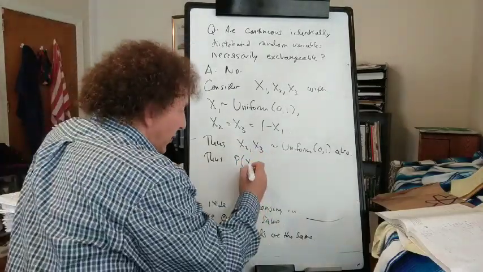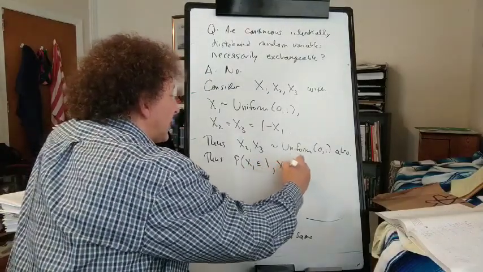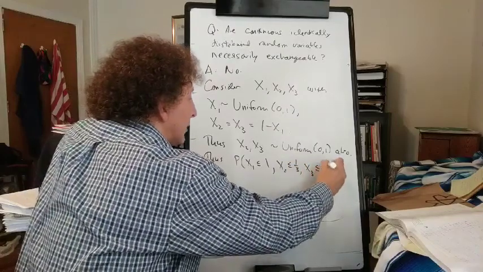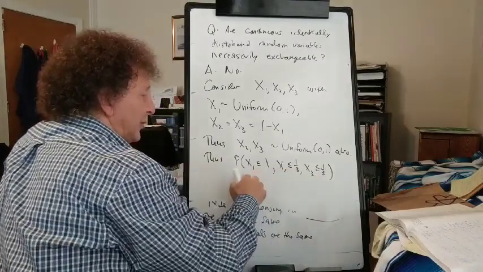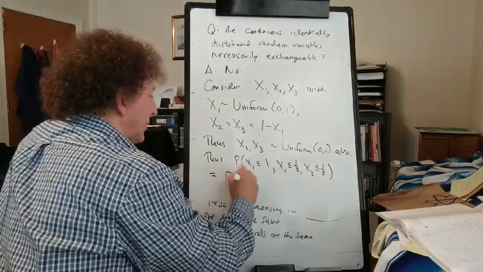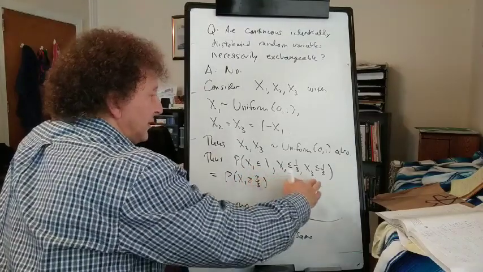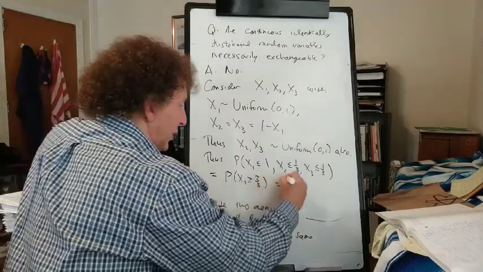So if we look at the probability that X1 is less than or equal to 1, X2 is less than or equal to 1/3, and X3 is less than or equal to 1/3. These are exactly 1 minus whatever X1 is. So this is just the probability that X1 is greater than or equal to 2/3, because these are less than or equal to 1/3 precisely when X1 is greater than or equal to 2/3, which is 1/3.